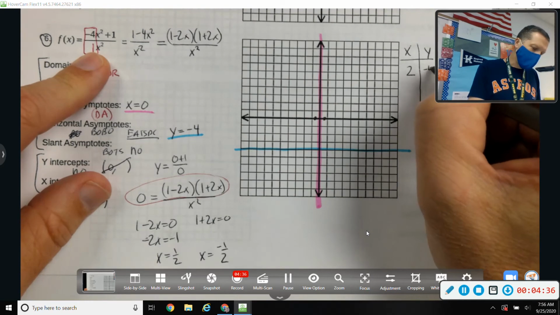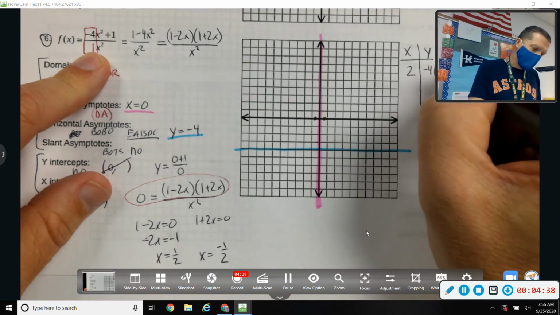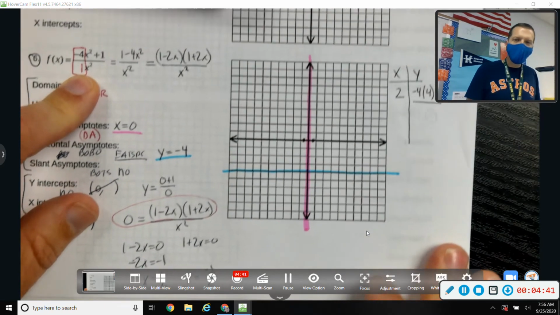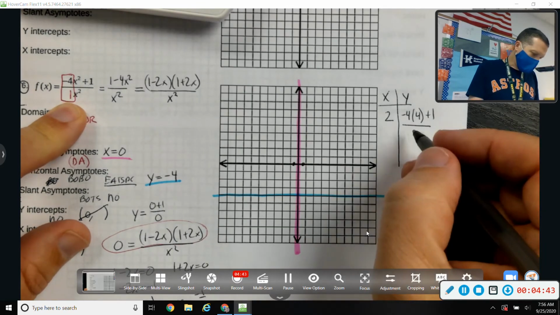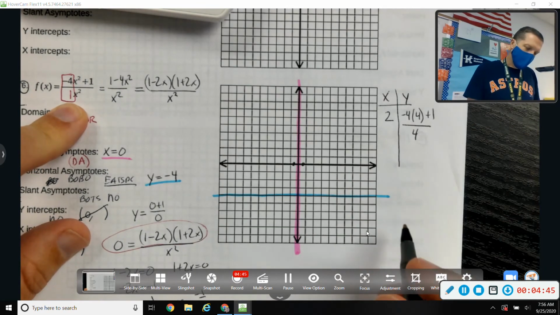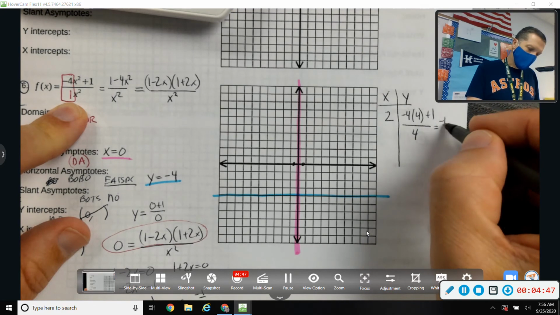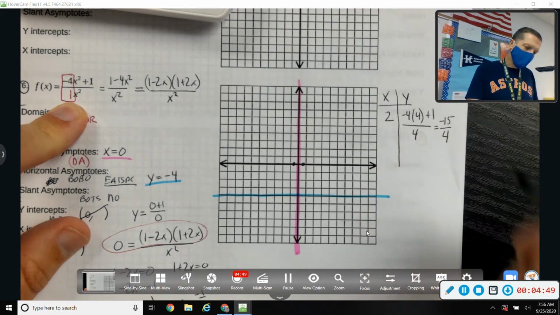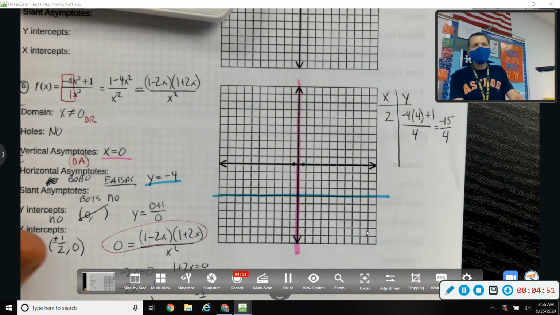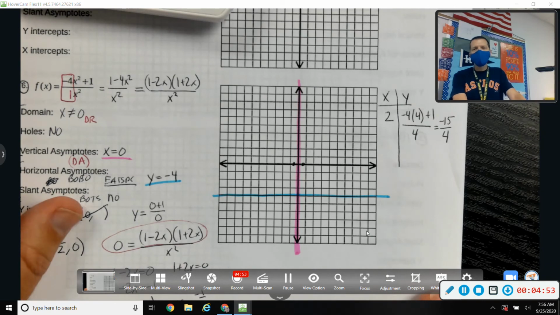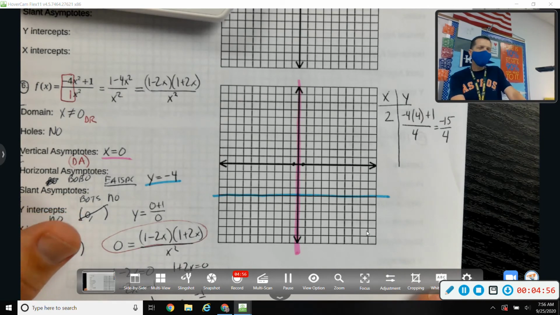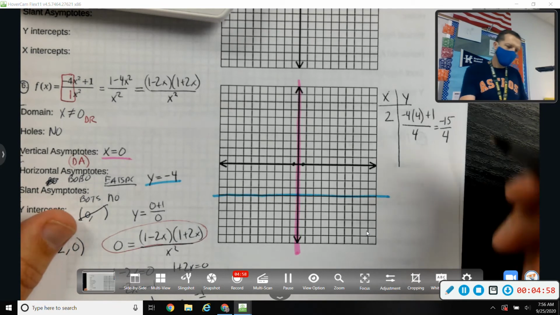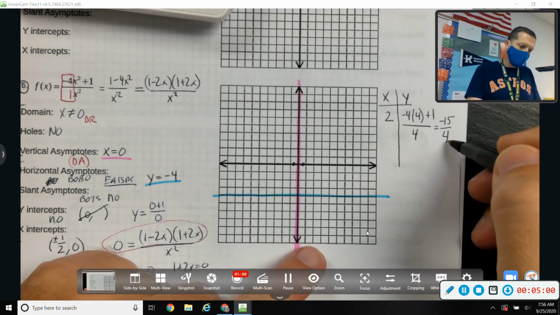Again, you start getting away from the axis and you might not get a nice answer. So plug in 2. That becomes -15 over 4. -15 over 4. That's almost to -4. Right? Because -16 over 4 would be -4.